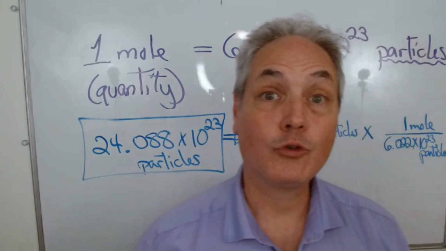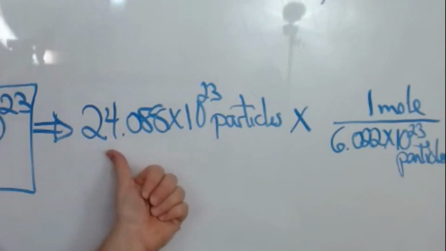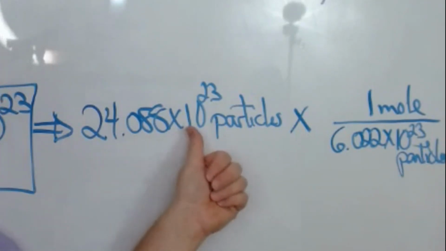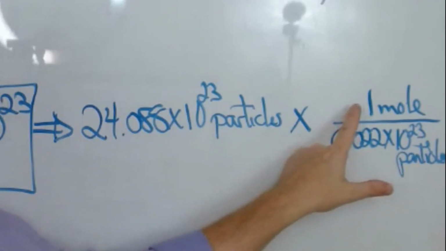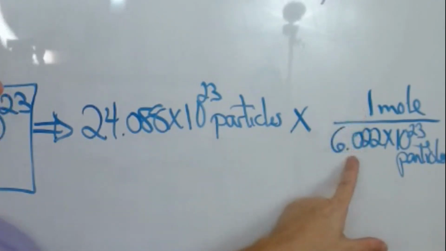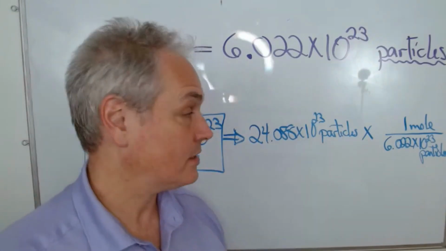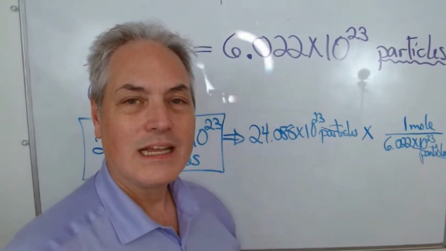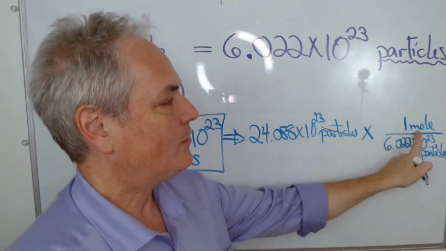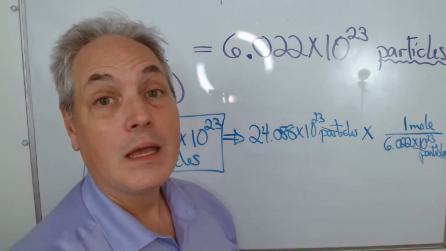So here we have to do some math again. If I know that I have 24.088 times 10 to the 23 particles, and I know that for 1 mole, I have 6.022 times 10 to the power of 23 particles, I can do some simplifications here. I can take particles here and particles here. It is simplified. What I end up with is mole, which is my unit.